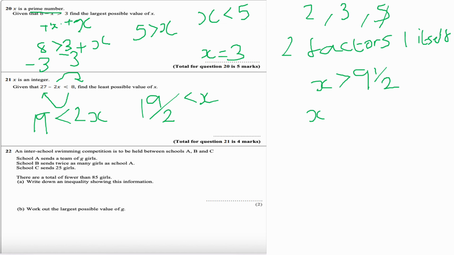Okay, so the least possible value for x would have to be 10, because that's the smallest possible value that will satisfy that inequality. Remember that integer means whole number, so integer equals whole number.